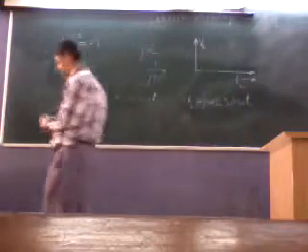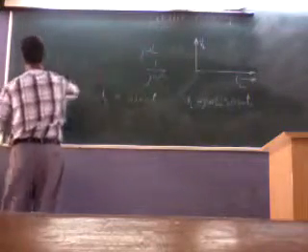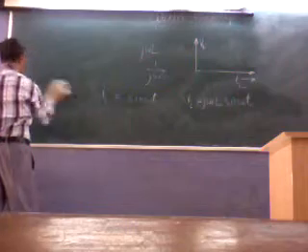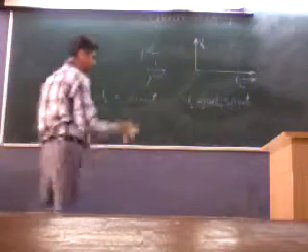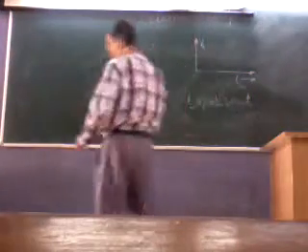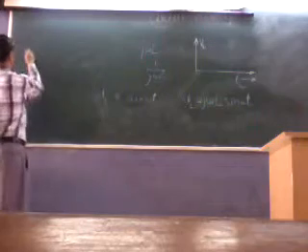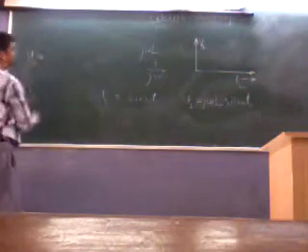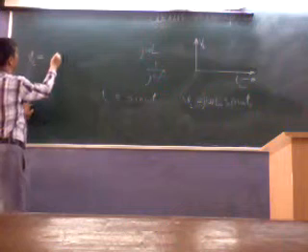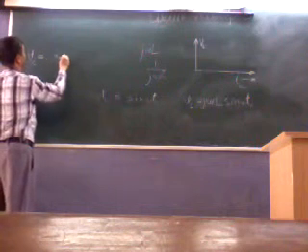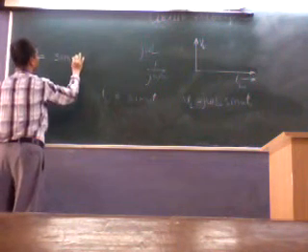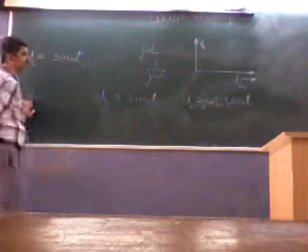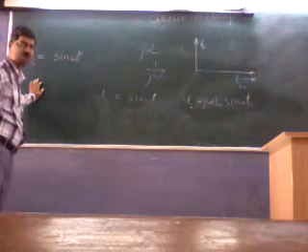Now for capacitor, what is the situation? Just to make things simpler, we presume that voltage across the capacitor is sin omega t. If voltage across the capacitor is assumed to be sin omega t, what would be the current?